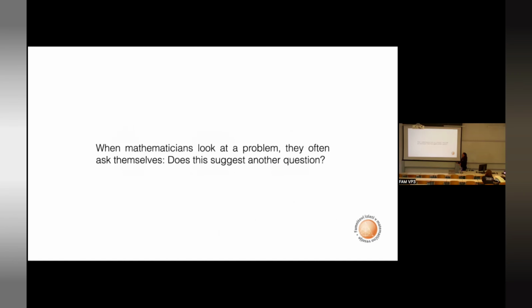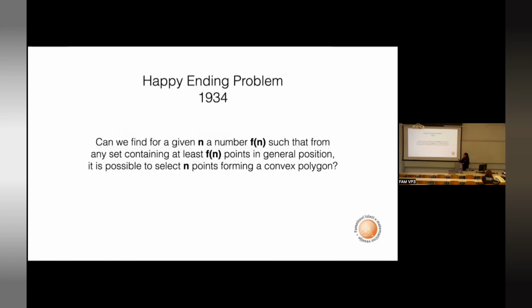And again, what we do: we have a small example, we prove it, we ask the next question. Can we find, for a given n, a constant f(n) such that any set containing this amount of points in general position allows us to select n points forming a convex polygon?